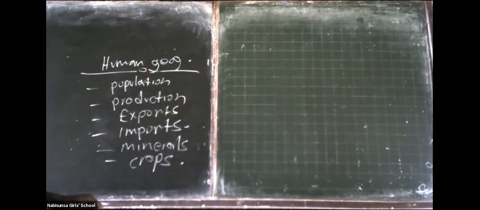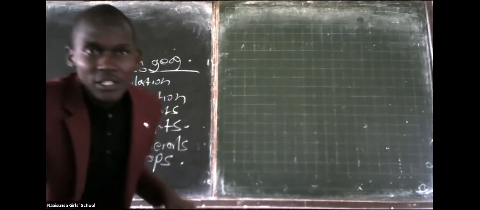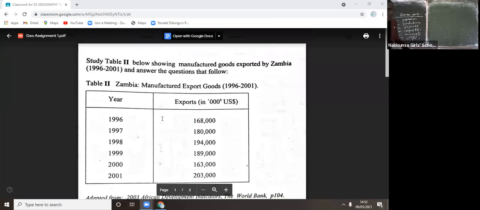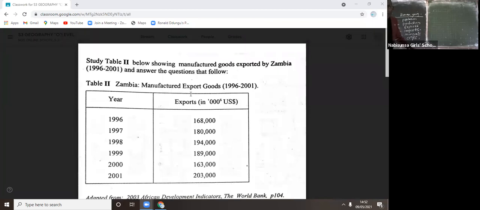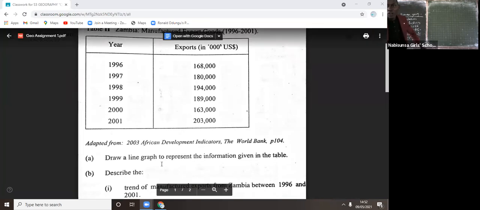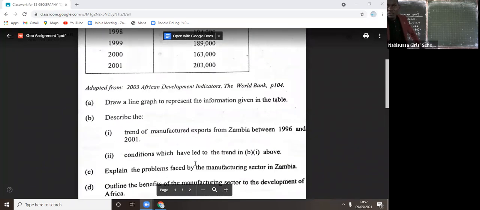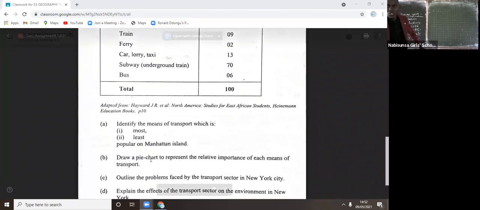Am I clear? Whenever you find a question, it is specific. They tell you to draw either a line graph or a bar graph or a pie chart. Let me share some questions here on the screen so that you can see. This one is all about manufactured exports, so this is human geography. They are telling us to draw a line graph. Even this one is showing draw a pie chart.